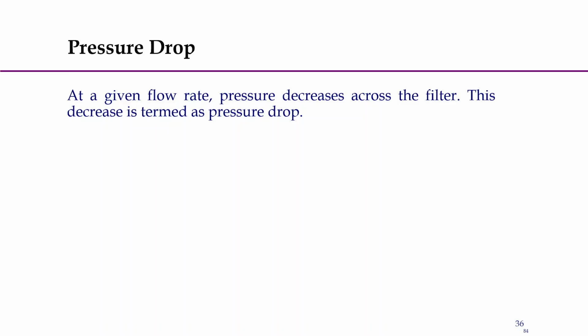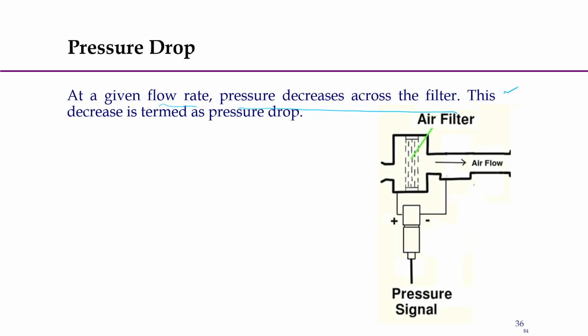At a given air flow, there is a pressure drop across the filter, and if we increase the air flow rate, the pressure drop will also increase. So, this is the air filter and air is flowing from the upstream side to the downstream side.